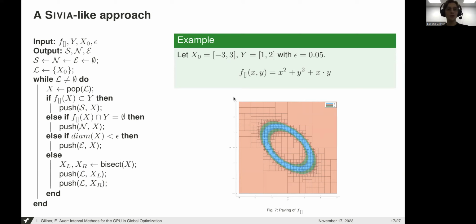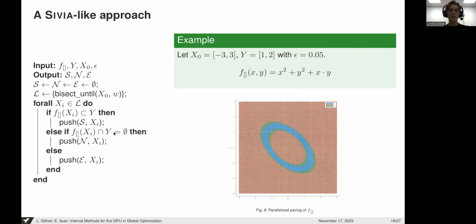And we thought, well, why not take this part and parallelize it? So we arrived at this implementation. So this for all step here is executed in parallel on all available cores on the GPU.